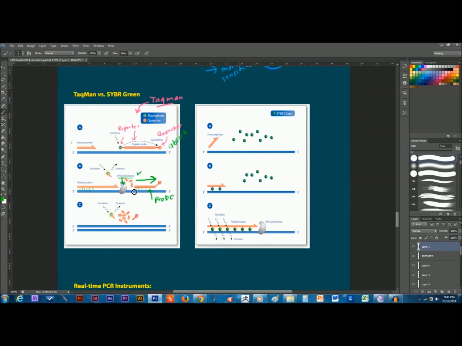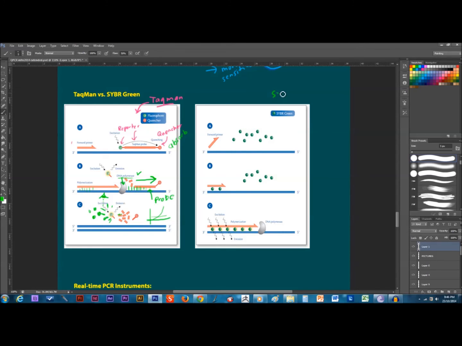So it is some sort of they can eat DNA. So the DNA polymerase will go through the probe and finally release the reporter from the quencher. Once the reporter is released and excited, the reporter can emit the fluorescence energy so that it can be detected by the instrument. So the more reporter is released, the stronger the signal than with a small amount of reporter released.